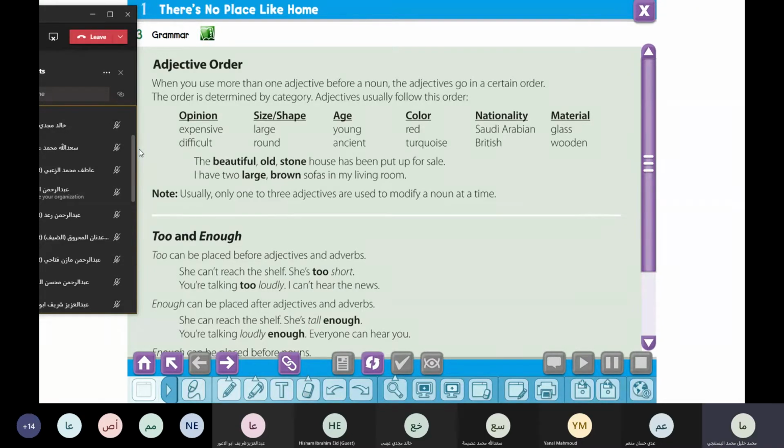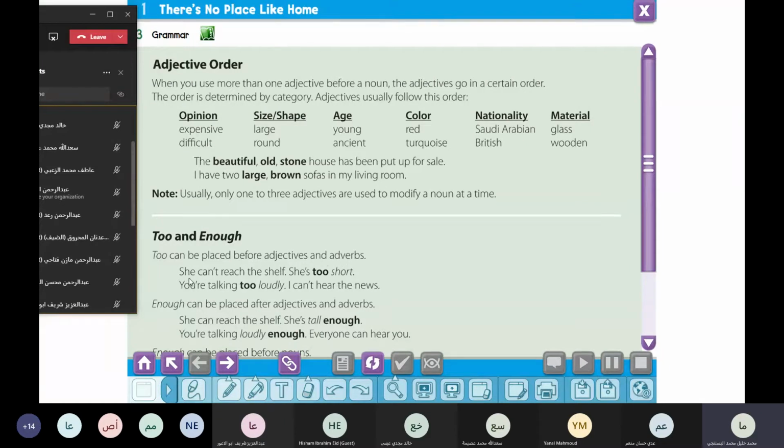And it gives us what? A positive meaning. They have different places to use. Too, for example, which gives us a negative meaning, can be placed before adjectives and adverbs. It comes before adjectives and adverbs.